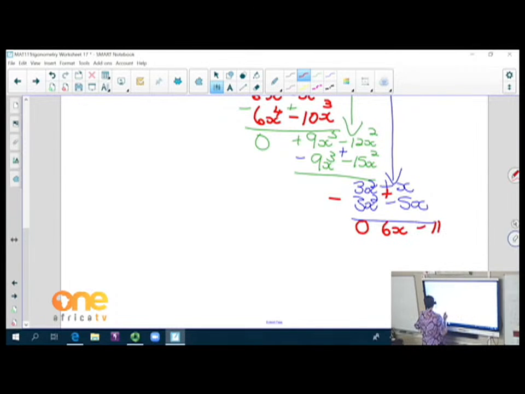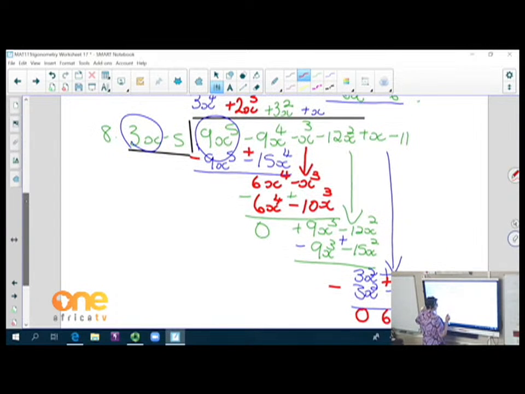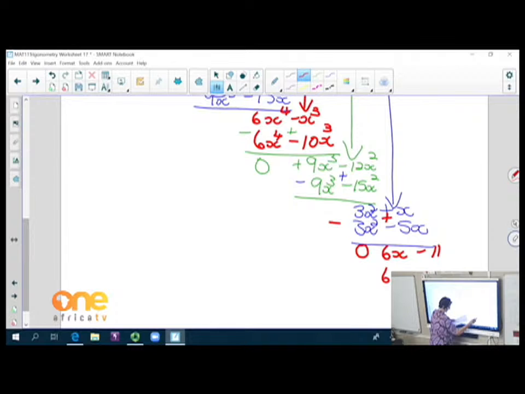How many times will it divide now into 6x times? And that will be plus 2, multiply, then you have 6x.